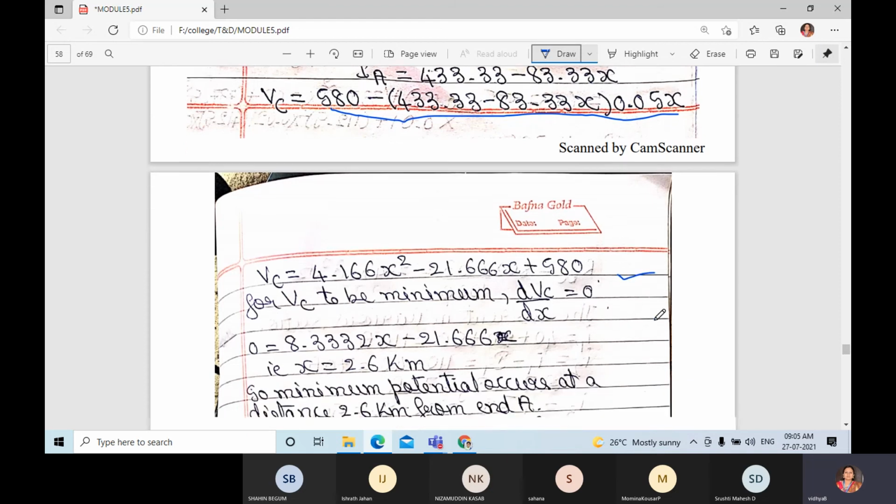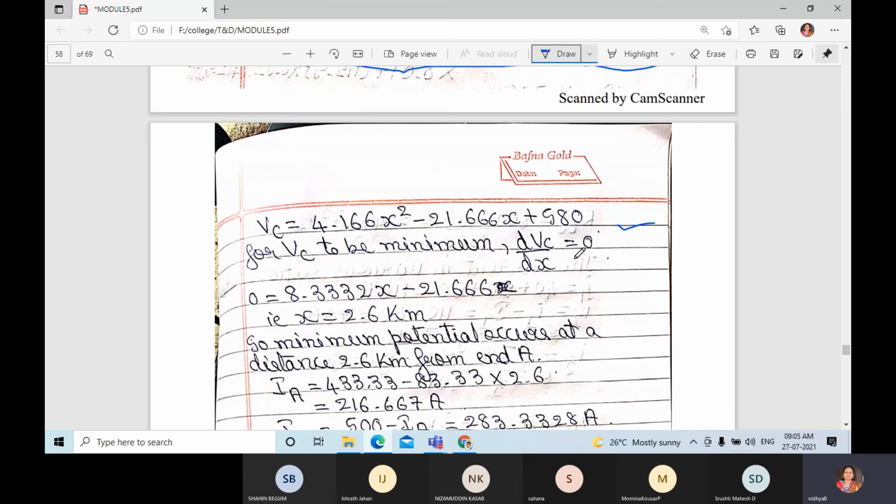For VC to be minimum, we should differentiate with respect to x. When you differentiate, you will get the x value, that is 2.6 kilometer.